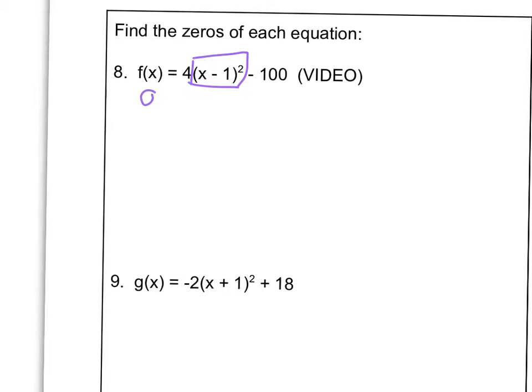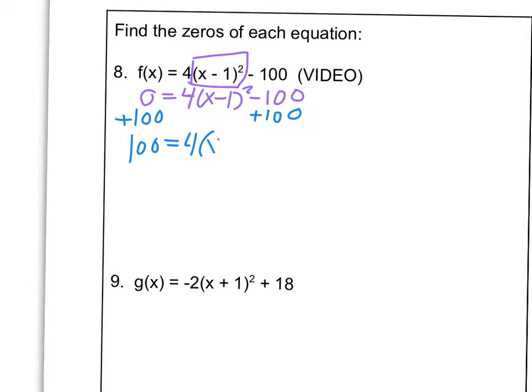If we do this as 0 is equal to 4 times the quantity x minus 1 squared minus 100, then add 100 to both sides. So we got 100 is equal to 4 times x minus 1 squared. Then we divide both of those by 4. Those cancel.